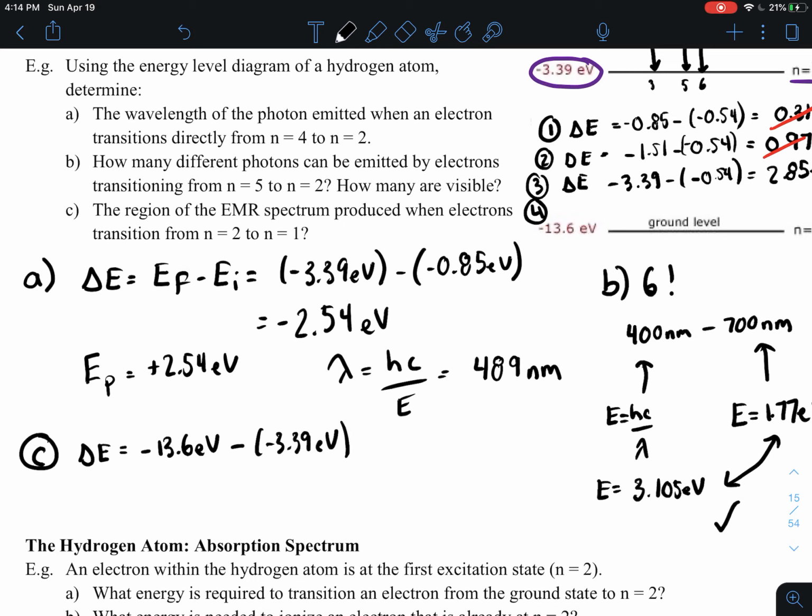I'm going to guess it will be larger than 3.105 in terms of energy, so it's going to be more energy. Negative 13.6 minus negative 3.39, and I get negative 10.21 electron volts, which is greater than the visible spectrum. So I'm going to say that this is probably in the ultraviolet.